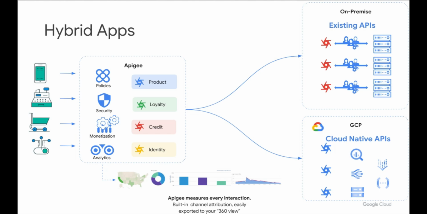This can then lead us to a world where we have hybrid applications. So maybe we have some mix of cloud native capabilities and some mix of existing legacy, potentially on-premises capabilities. Through a single surface, we can then sit in front of both of these types of architecture.